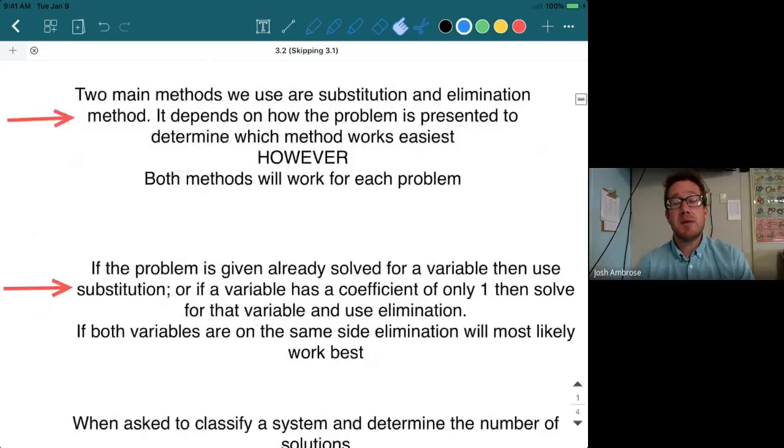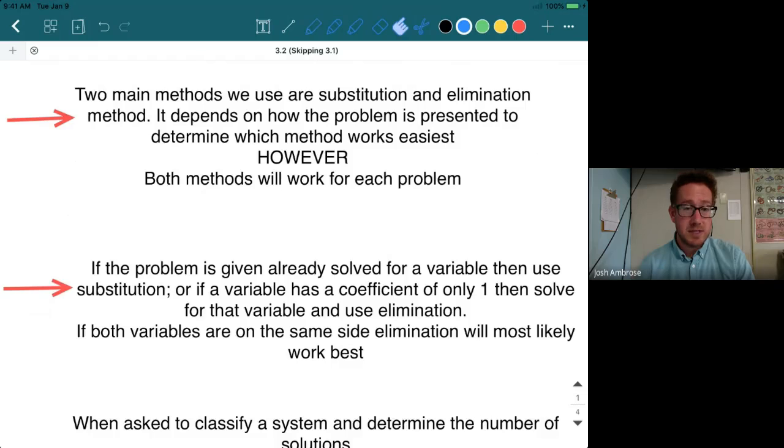So we have two main methods that we're going to be using in this section, substitution and elimination. And you guys did learn this back in Algebra 1, so that was a little while ago, but it's basically the exact same thing, just kind of revived. And of course, there may be some tricks here and there that would help you along the way, especially in Algebra 2.